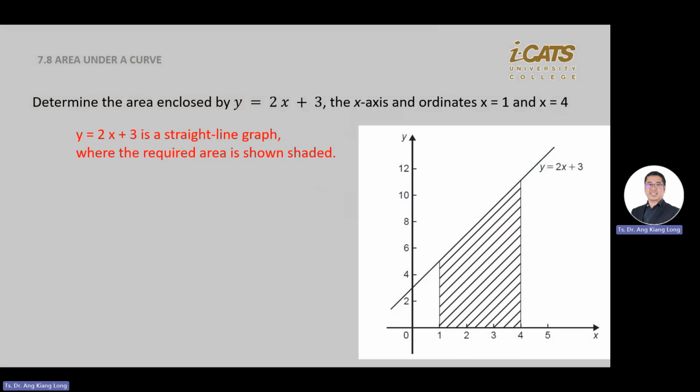But basically, this is what we want to see. So draw the equation line, and then it asks you to determine the area enclosed by y equals 2x plus 3, which means this line and below. If the question asks you to determine the area enclosed by one equation, it means the line and below towards the x-axis.